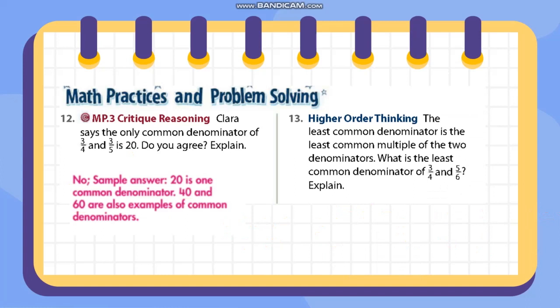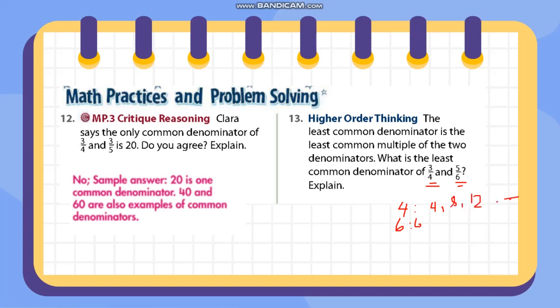Next, number 13. The least common denominator is the least common multiple of the two denominators. So what is the least common denominator of 3/4 and 5/6? So I have 4 as the denominator of 3/4, and I have 6 as the denominator of 5/6. So 4 and 6, so I have 4, 8, then 12, and so on.